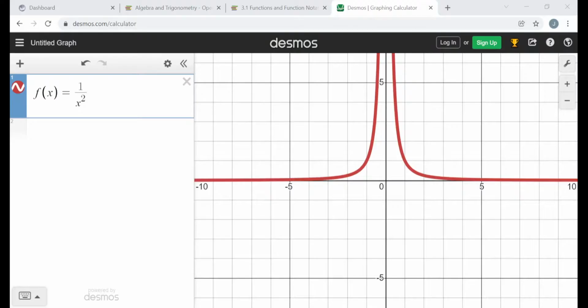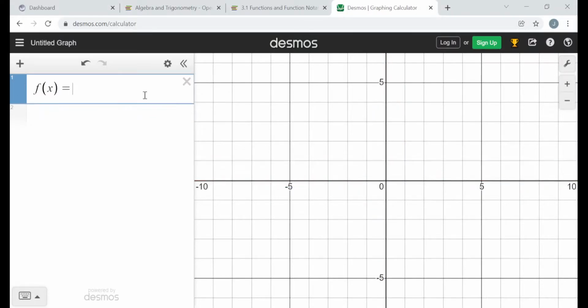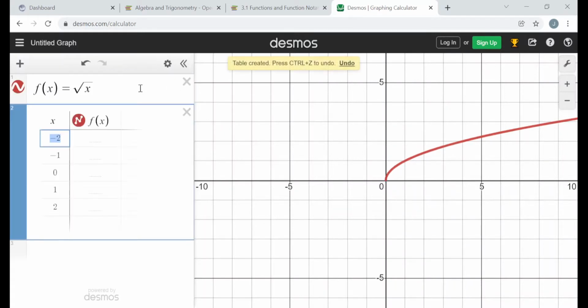So I'm back here. So again, to put square root in your Desmos, you just put SQRT and then X. And notice how the only values of X coordinates are 0 or greater. And even when you go to make a table, you'll see for negative values it's saying undefined.